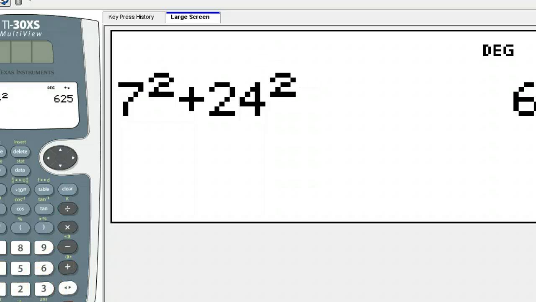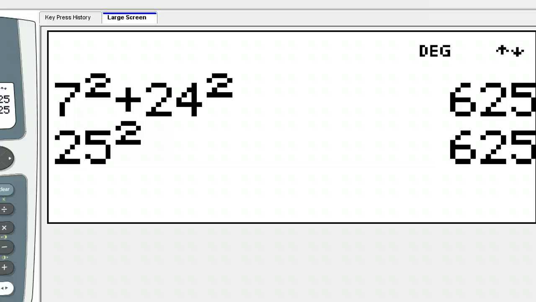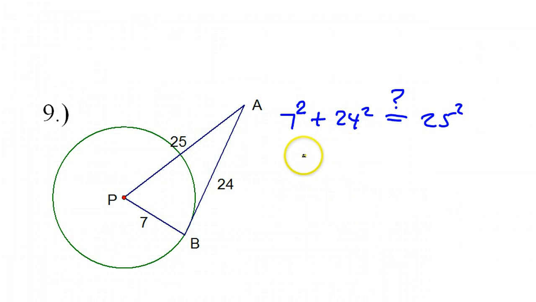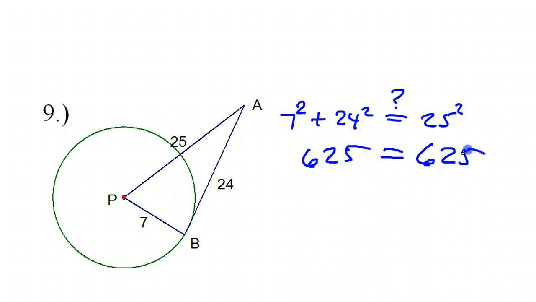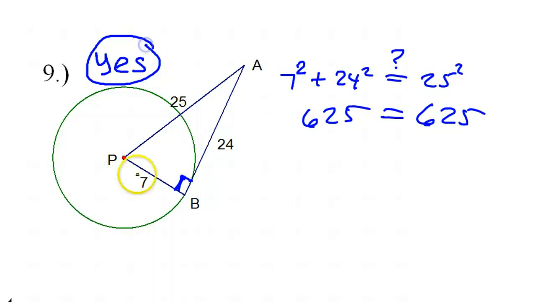All right, that is 625. And then meanwhile, 25 squared is also 625. Okay, so we got 625 equals 625. So the Pythagorean theorem is true. That means this is a right triangle, which means AB is tangent to the circle. So we will say yes for number 9.